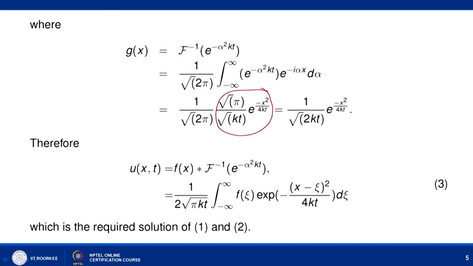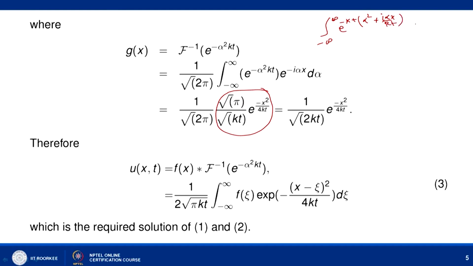And how can we find this out? Let us write down here, minus infinity to infinity. I can write e to the power minus k t out, then we have alpha square, and then we have plus, and we have taken alpha out, so it is i alpha x divided by k t here.